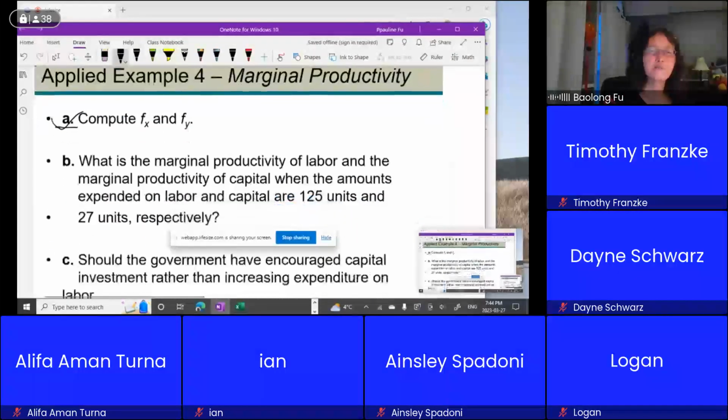So we completed question A. Question B: what is the marginal productivity of labor and the marginal productivity of capital when the amount of labor, x, is 125 and y is 27?